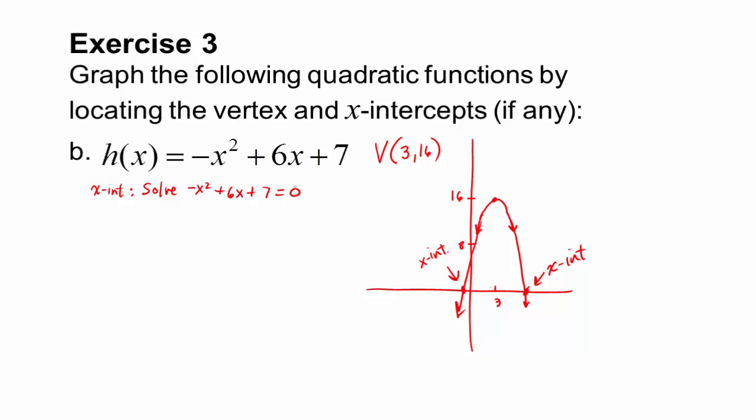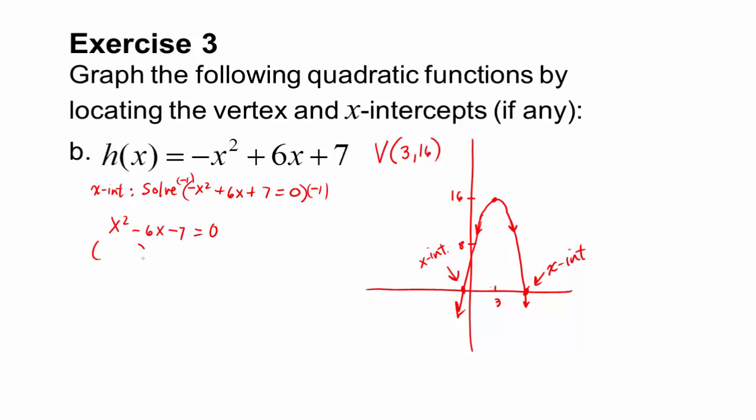Okay, now it would be easier to factor this if we multiply everything by -1, don't you think so? That's just reversing the sign. So you get x squared minus 6x minus 7. 0 times -1 is 0.